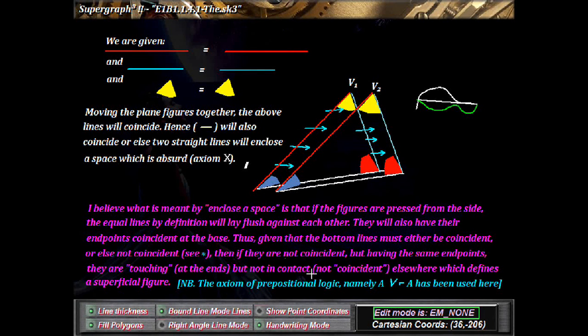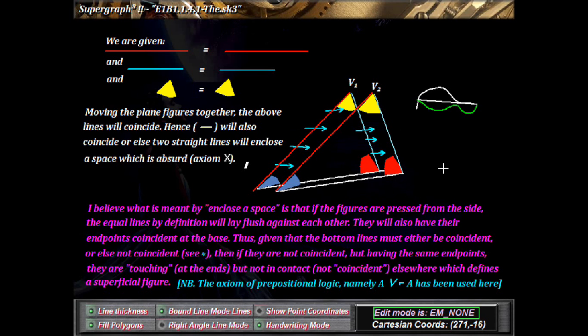We tried seeing what happens if they're not coincident, we noted that the endpoints are coincident, and that in turn, because they are not touching somewhere in between, by hypothesis, implies that they enclose a space, which in turn implies a contradiction to axiom 10, which states that two straight lines may not enclose a space. We get the result that the two triangles are in every respect equal.